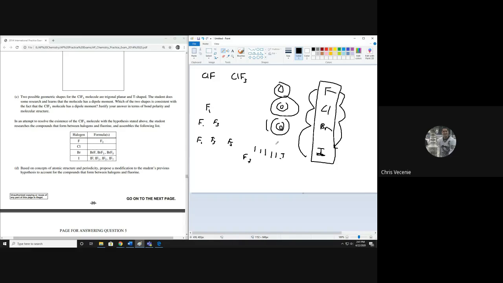All right, write this down. As the number of energy levels increases, the number of fluorines that can attach increases in odd numbers.